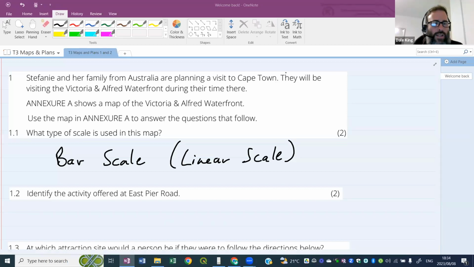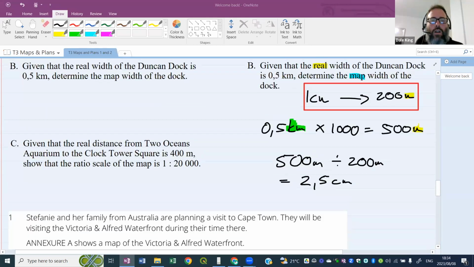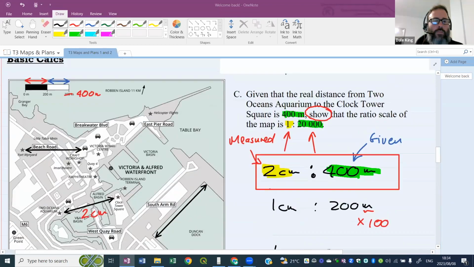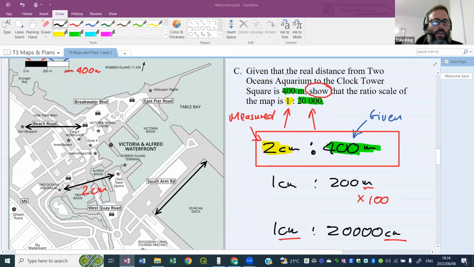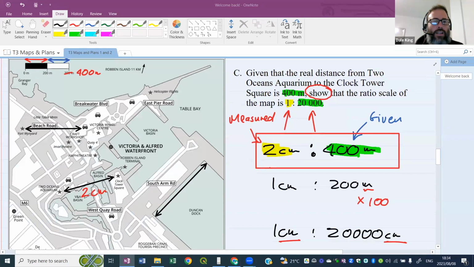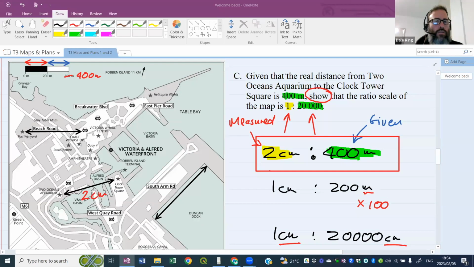Now it says 1.2, identify the activity offered at East Pier Road. So I'm going to go up to the map, and you guys can type in chat there. What is the activity at East Pier Road? One of you guys can see it. All right.